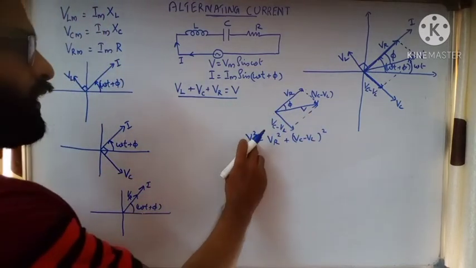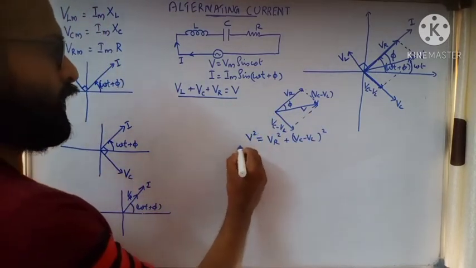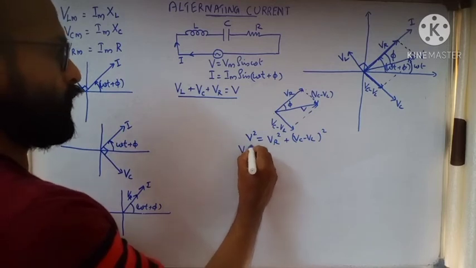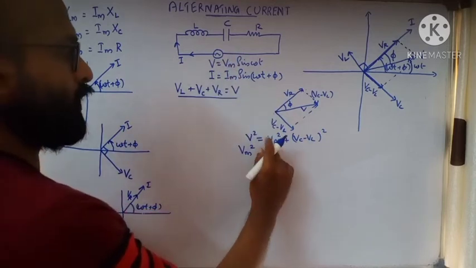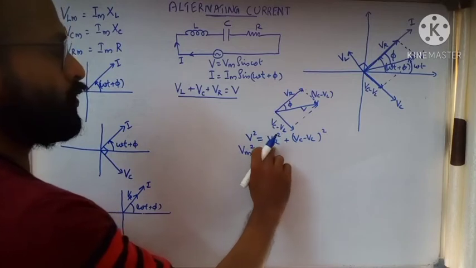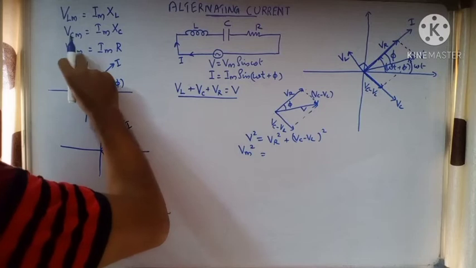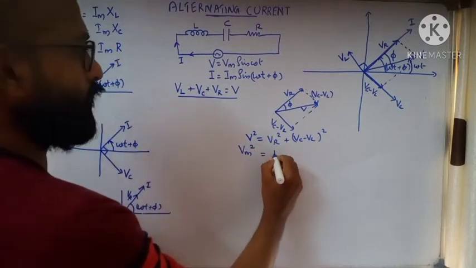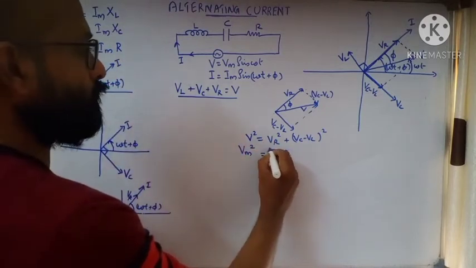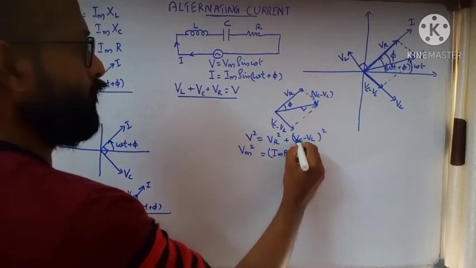What is the length of V? Length of V is Vm, so Vm square is equal to, what is the length of VR? VR is equal to VRm, that is Im into R, the whole square, plus Vc minus Vl.